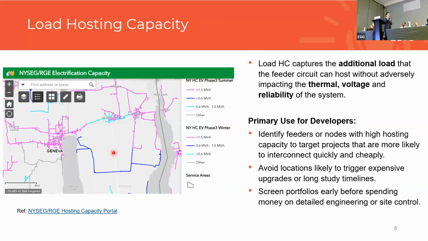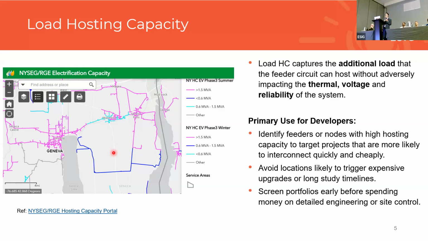As I said, the second hosting capacity map they publish is for the load. We call it electrification hosting capacity. The concept is very similar. Basically, without requiring any upgrade, without any thermal and voltage violations, for each feeder circuit at each segment, how much additional load can I host?